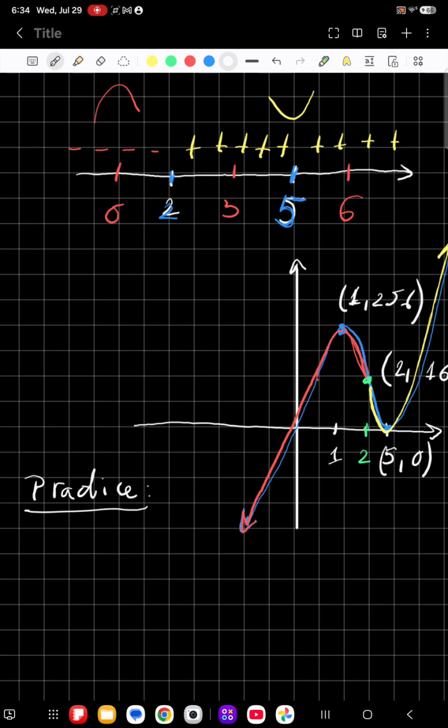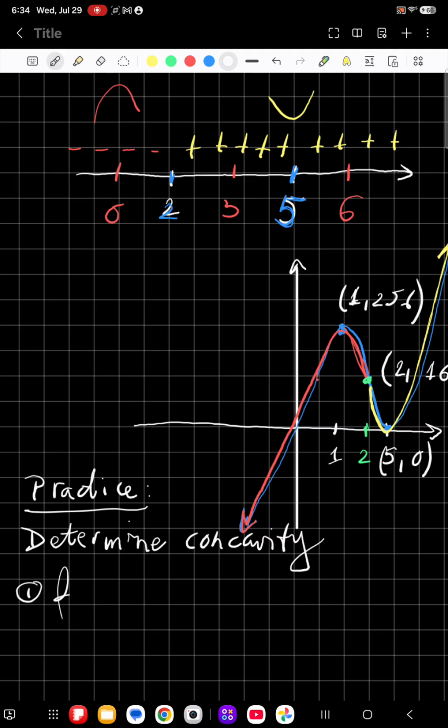Okay, so determine concavity. And the first problem is f of x.